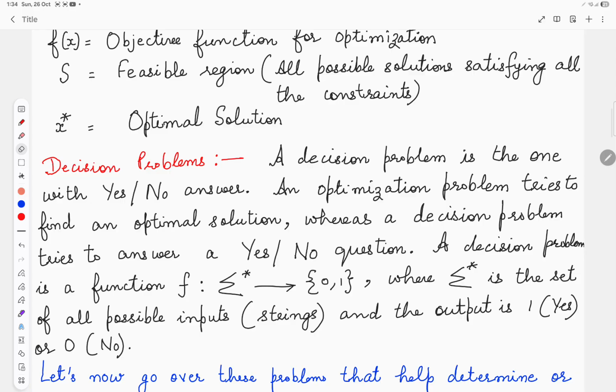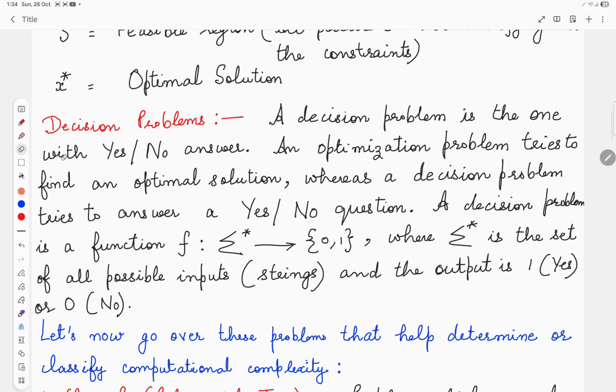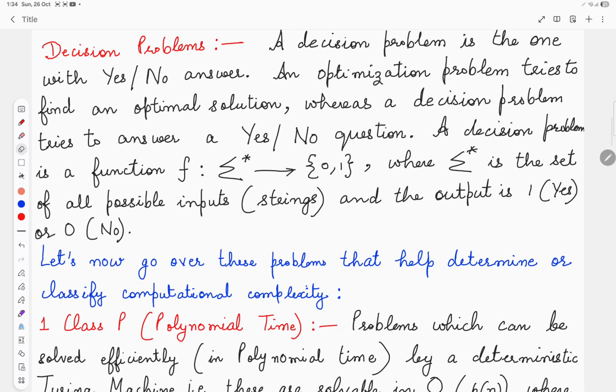There is another category of problems, known as decision problems. A decision problem is the one with a yes or no answer. An optimization problem tries to find an optimal solution, as I have just discussed, whereas a decision problem tries to answer a yes or no question.